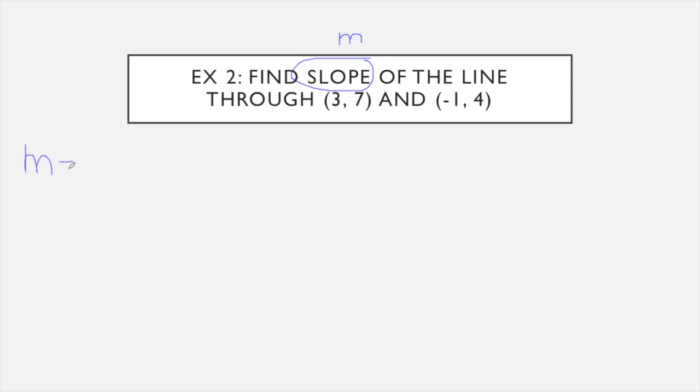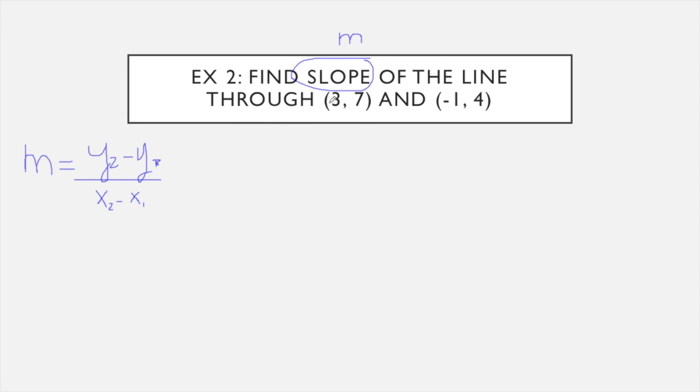It is the slope formula, and it is written as m equals y2 minus y1 over the difference in my x's, x2 minus the first x. So we'll have the difference in y's over the difference in x's. That's going to be equal to our slope m.